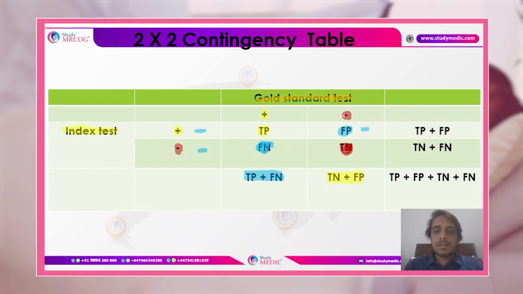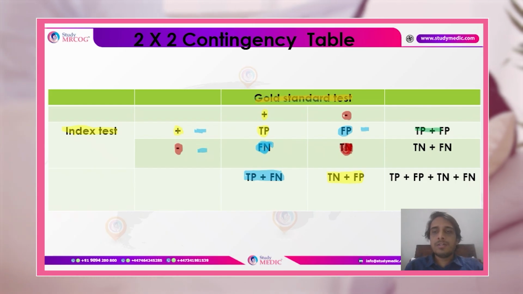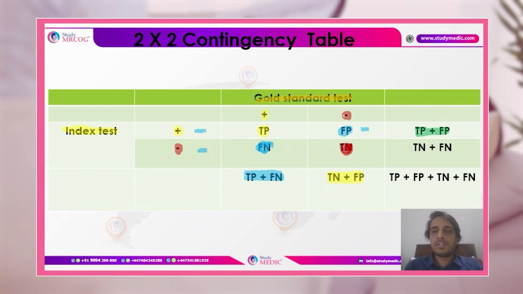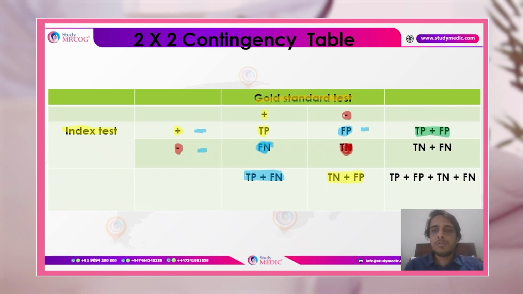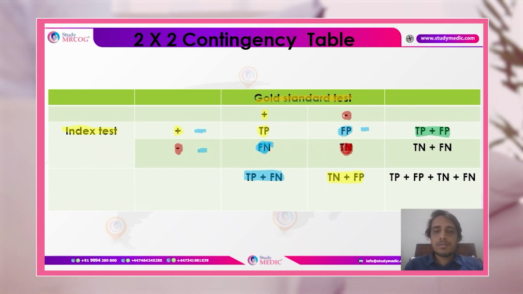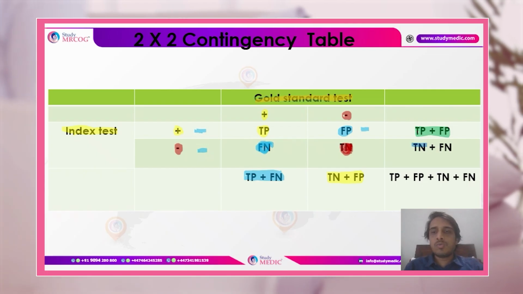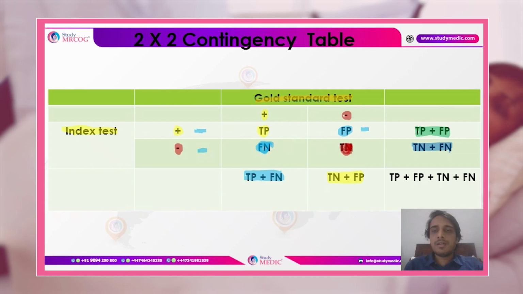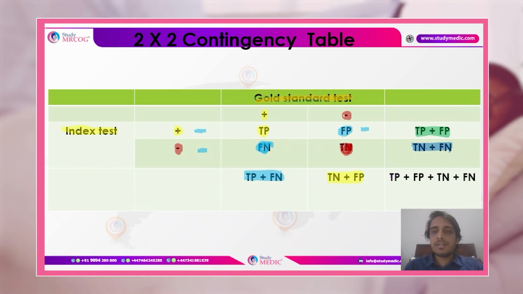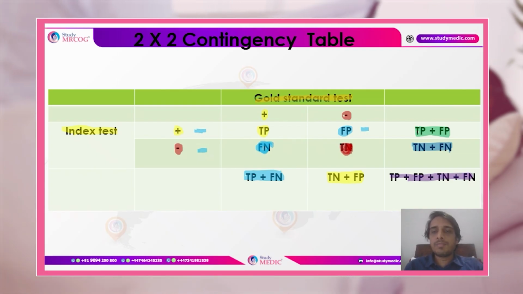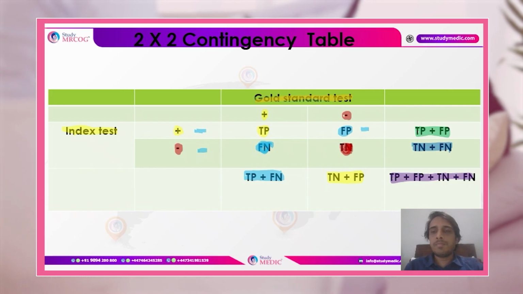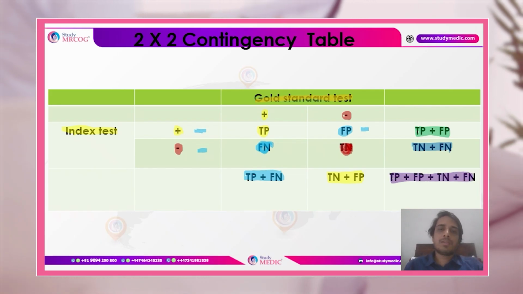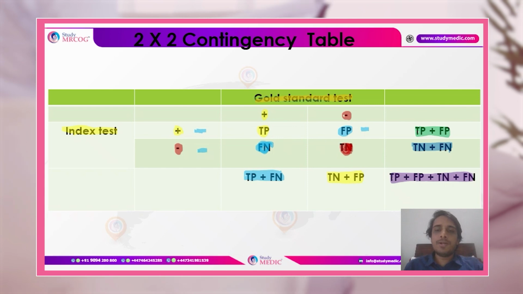In this row we represent those who tested positive, that is true positive plus false positive, and in this row those who tested negative, that is true negative plus false negative. Here we get the total number of patients or subjects. This is how we write the 2 by 2 table.